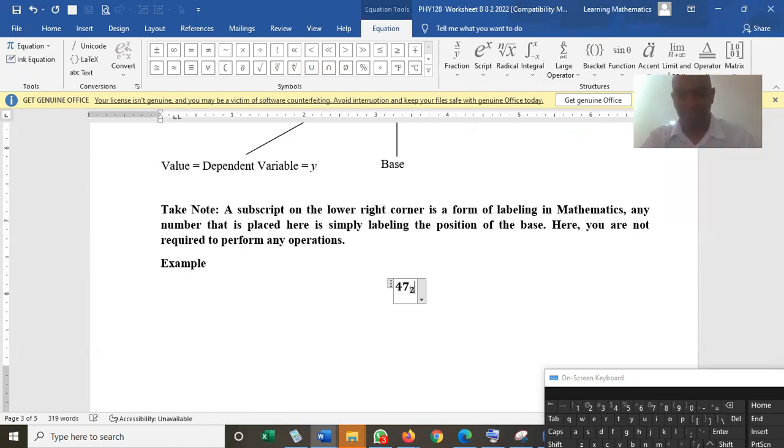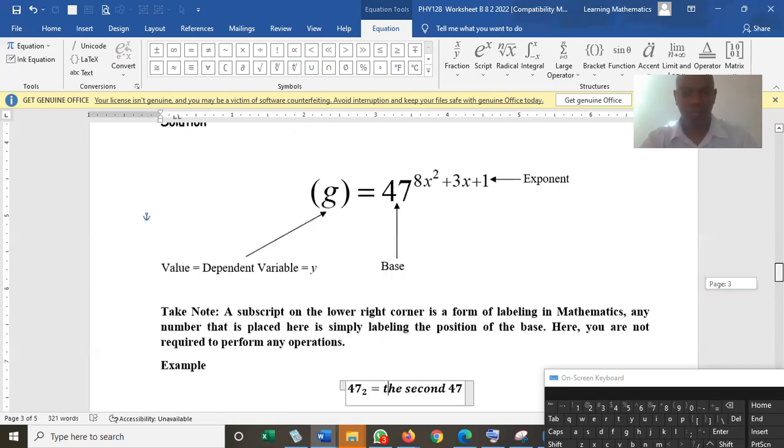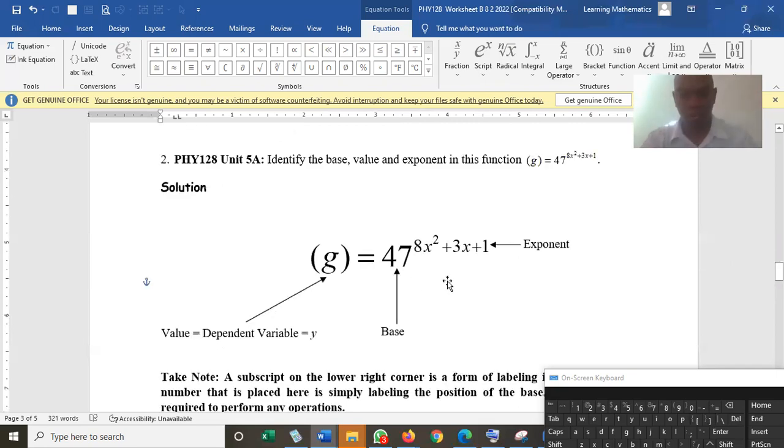This simply means the second 47. You are not required to do anything. It is just indicating to you what kind of a 47 that is. The second 47. Always bear that in mind. Subscript, lower corner, labeling. Top right corner, you are required to power, you are required to multiply by itself the number of times.